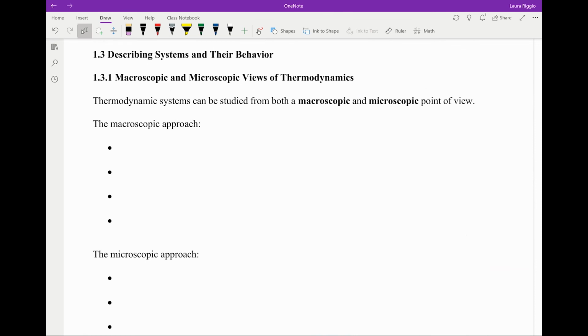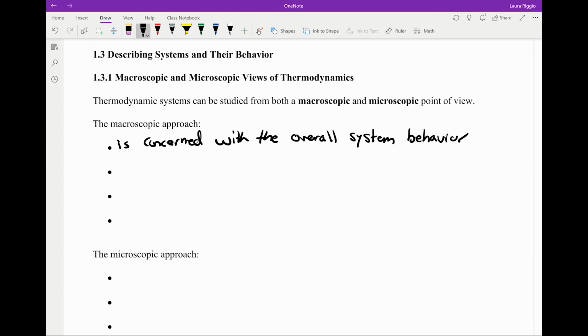So the last thing I'm going to go over is how we describe thermodynamic systems. There's two ways to do it. You have microscopic and macroscopic views. We're mostly concerned with the macroscopic view in this class. So the macroscopic approach is concerned with the overall system behavior.